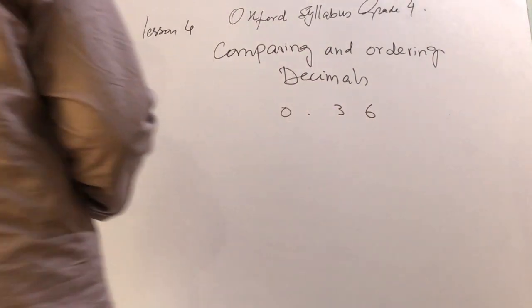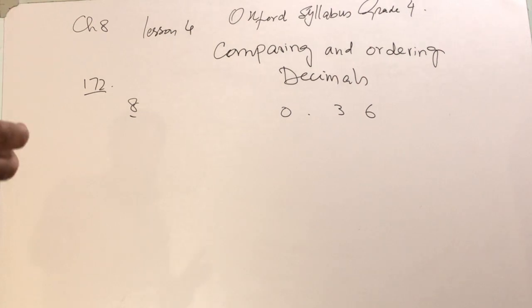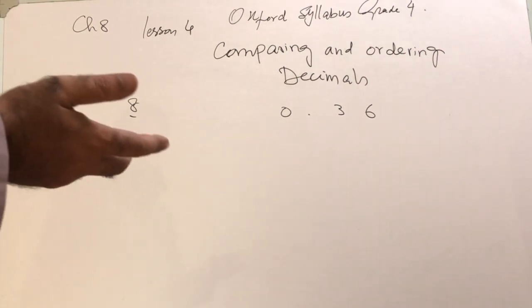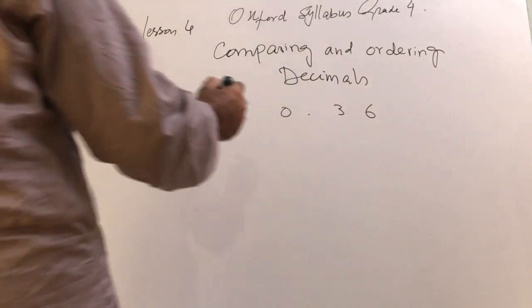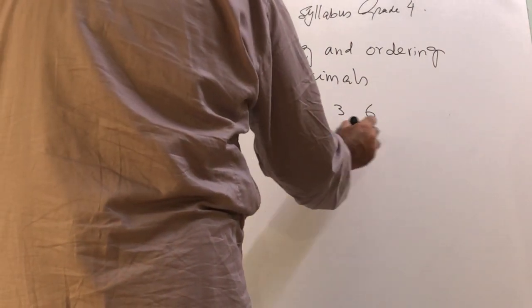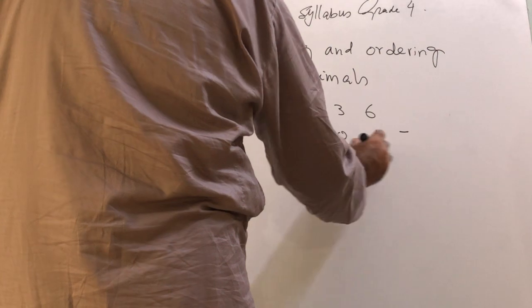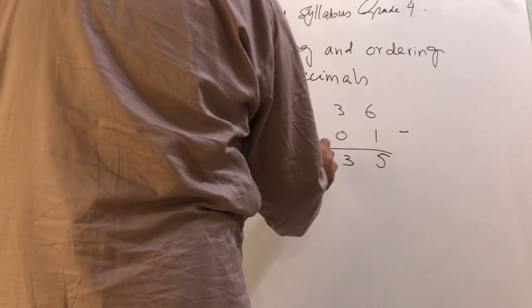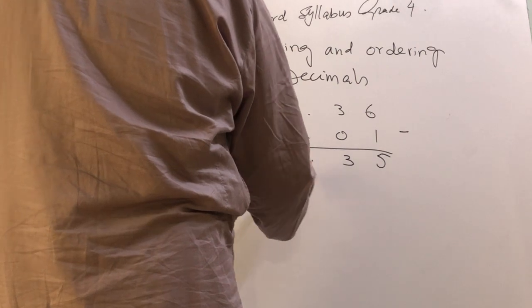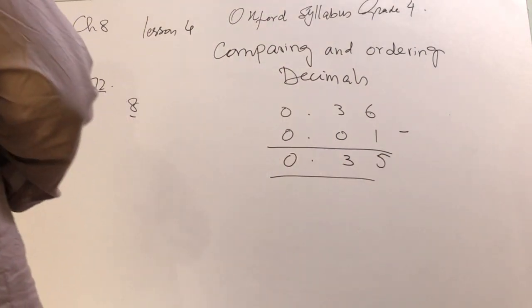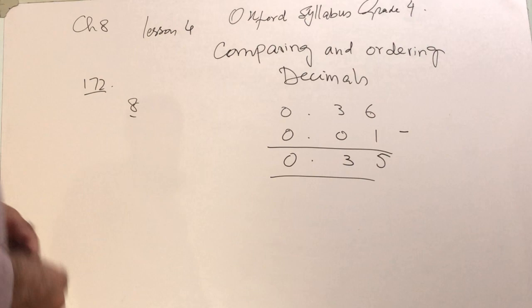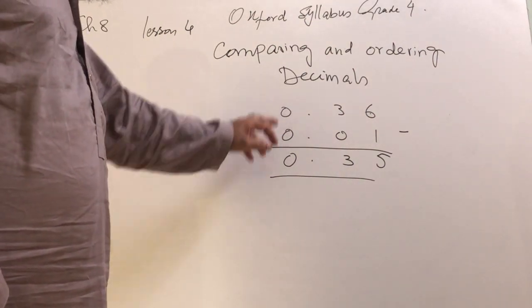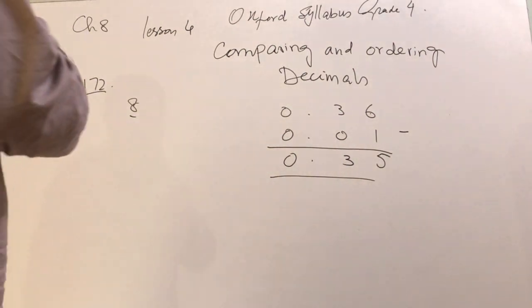If we deduct, if we subtract, if we do minus 0.01, what will be the answer? So 0.01, just subtract. 6 minus 1 is 5, 3 minus 0 is 3, point comes like this, 0 minus 0. So the answer is 0.35.